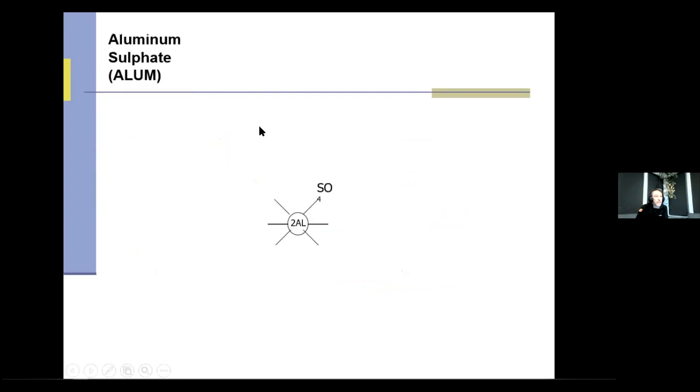Okay, we talked about the arms. So here's the thing. This is aluminum sulfate right here. And you can see when I take it out of the package, this is aluminum sulfate. Now, when I actually do the reaction, I'm going to put this in, and I'm going to take these OHs. These just disappear into the water just like that. Let's put those in. Those OHs are going to go here.